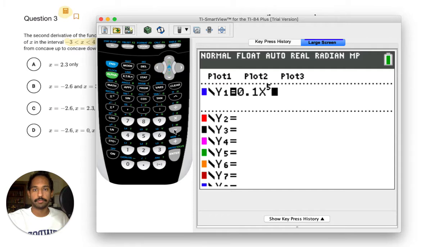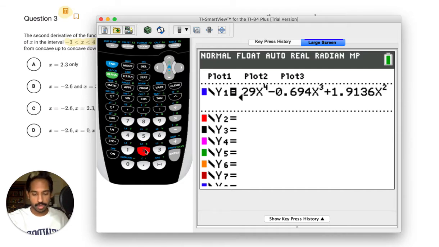Minus 0.29 x to the power of 4, again move to the right, minus 0.694 x to the power of 3. I didn't move out of there, so I'm going to go back, delete that, hit right, plus 1.9136 x to the power of 2.